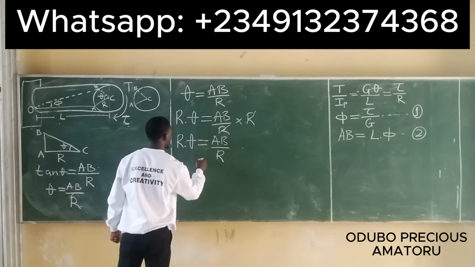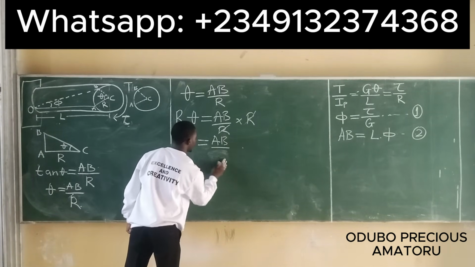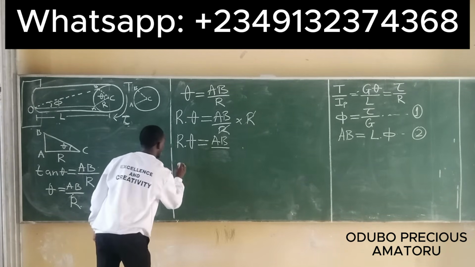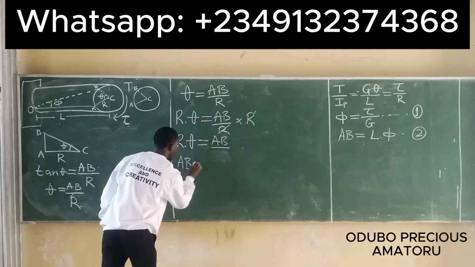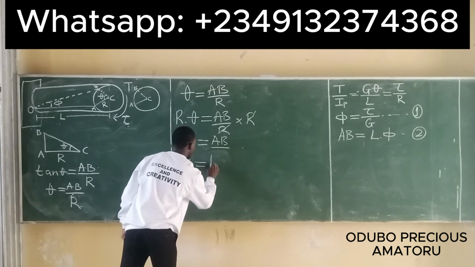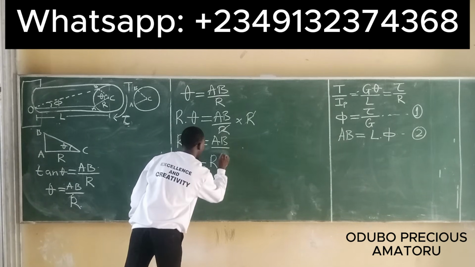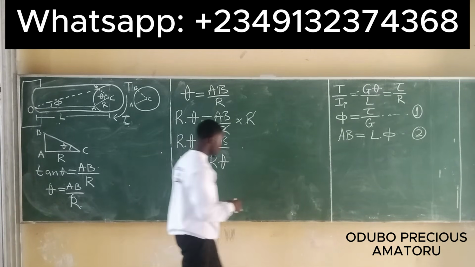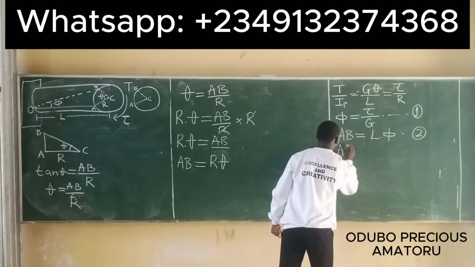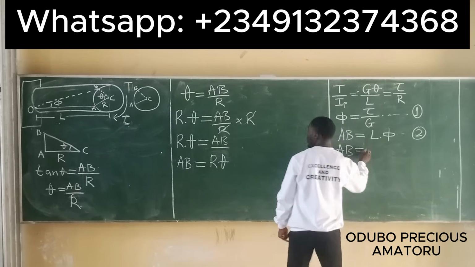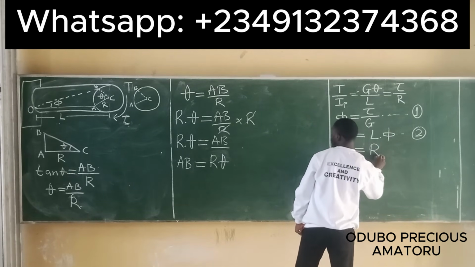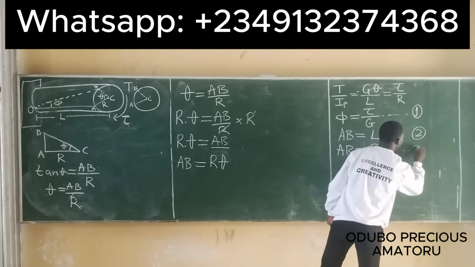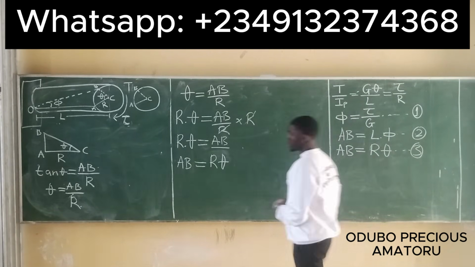So from here we can say that AB is equal to the radius of the shaft multiplied by the angle of twist. Let's call this our equation 3.